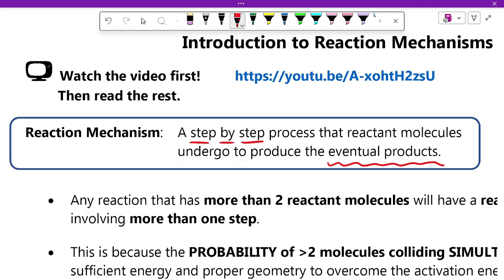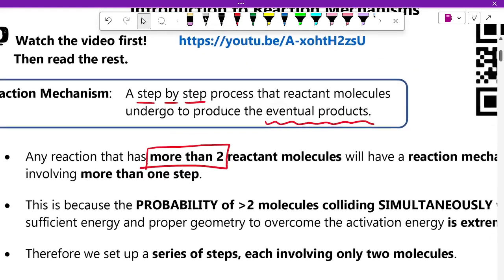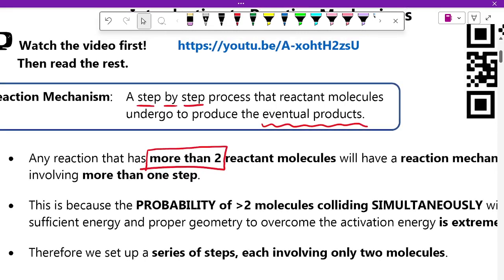Any reaction that has more than 2 reactant molecules, instead of just going directly from reactants to products, what's going to happen is you're going to have step 1, where reactants go to something, and then that other something in a second step goes to your final products. Or maybe it takes 1, 2, 3 steps. But anytime you have more than 2 reactant molecules, you're going to have more than 1 step.